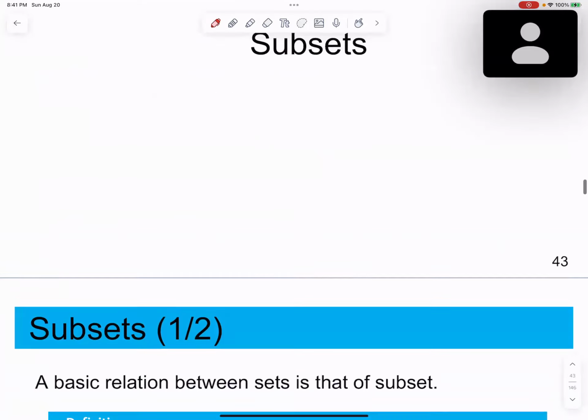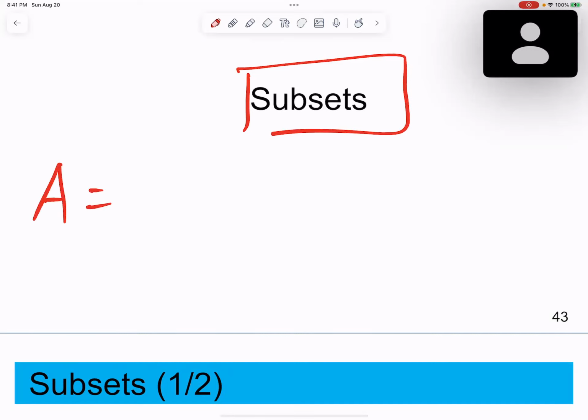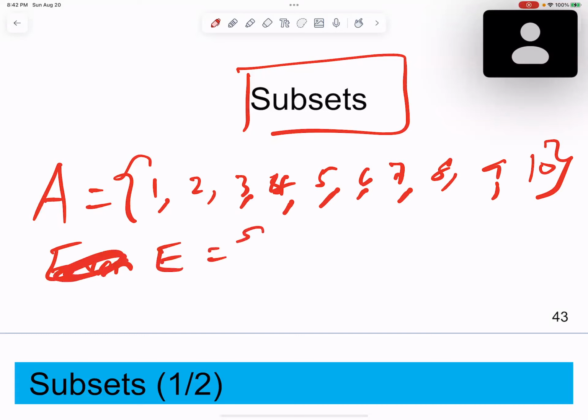Okay, so then we have the notion of subset, right? List numbers from 1 to 10: 8, 9, 10. Now, even numbers. Let's use E to represent even numbers.